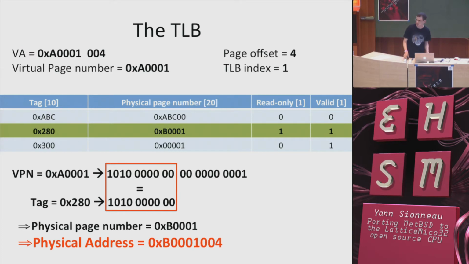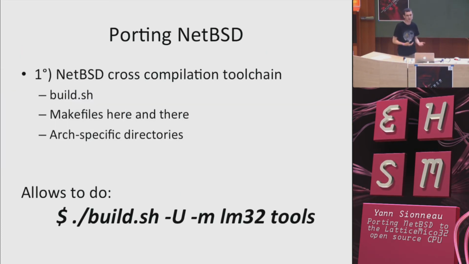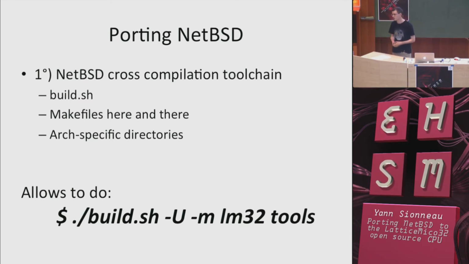Let's talk a bit about how to port NetBSD and how to modify the software to allow it to run on this new CPU with an MMU. What's cool about NetBSD is that it always uses a cross-compilation toolchain. So you don't have to worry about going on the web and searching for a toolchain, downloading GCC, trying to compile it, failing, trying to patch it, and trying to grab binutils.